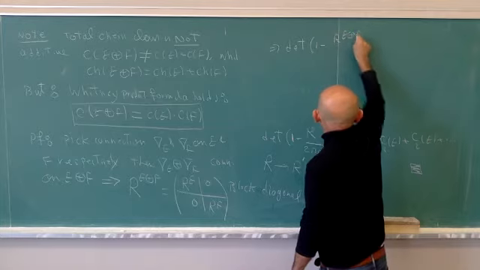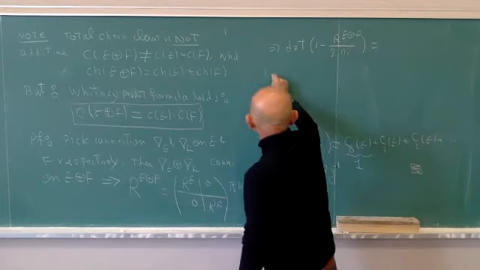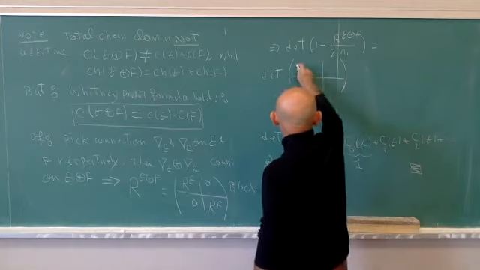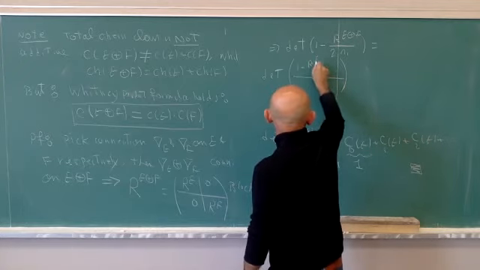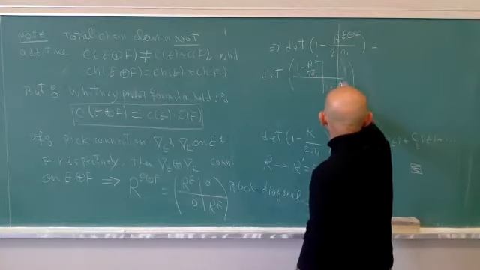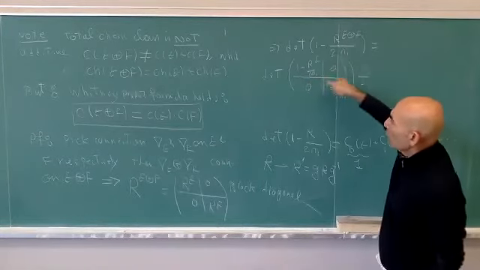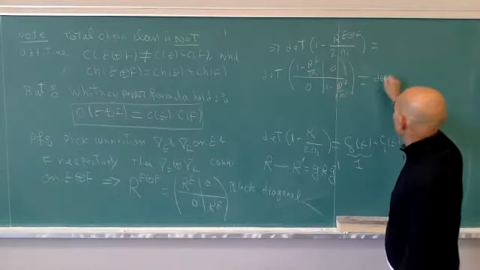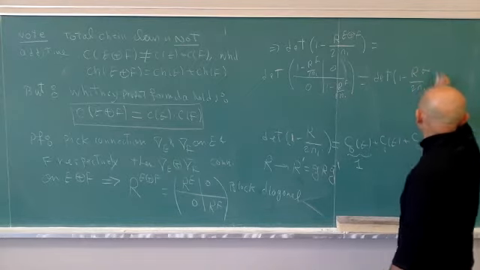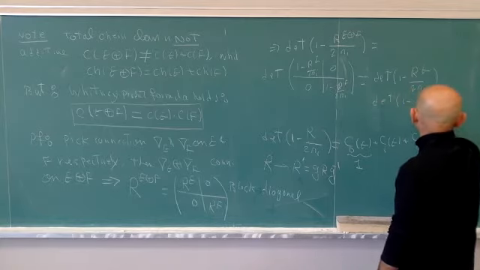The determinant of 1 minus R of E direct sum F over 2 pi i is equal to the determinant of the huge block diagonal matrix, 1 minus R_E over 2 pi i and 1 minus R_F over 2 pi i. But then they multiply, right? So this is the determinant of 1 minus R_E over 2 pi i times the determinant of 1 minus R_F over 2 pi i.